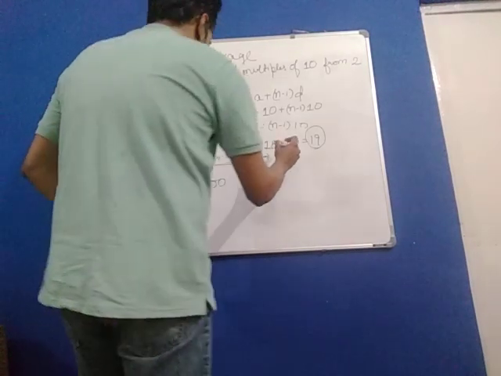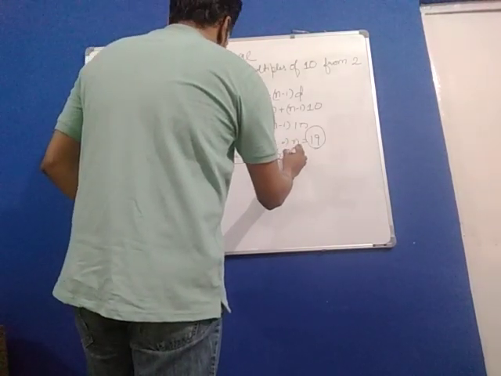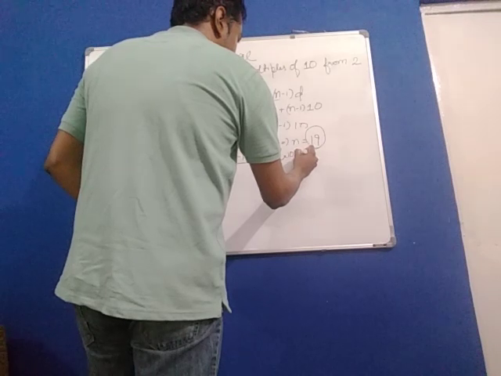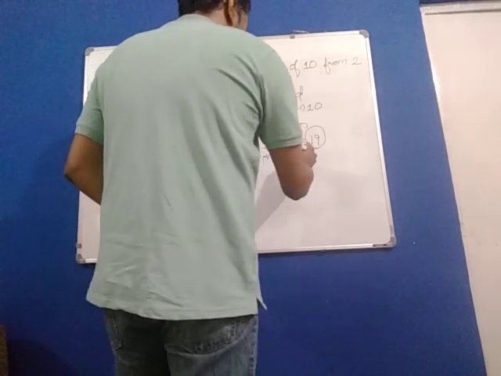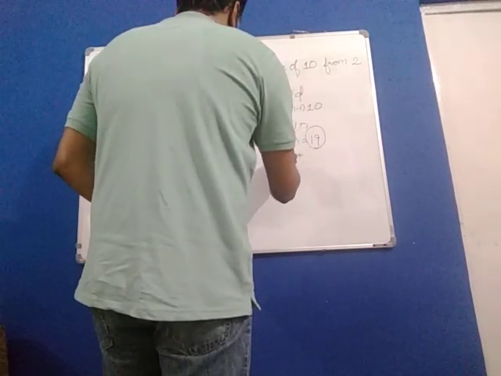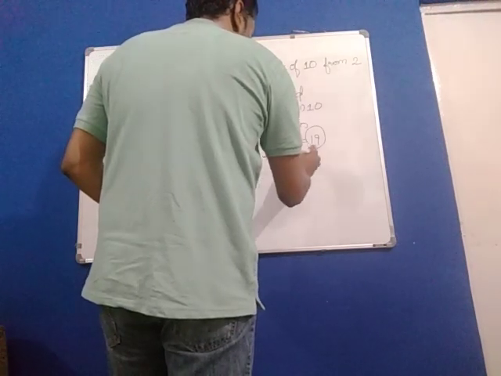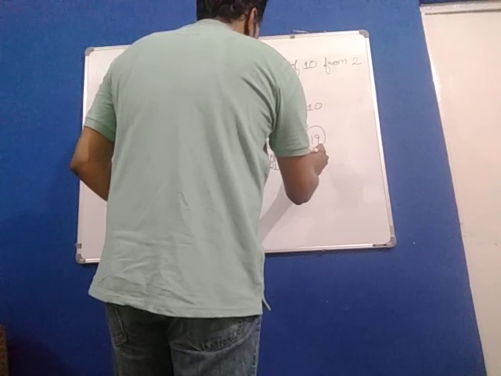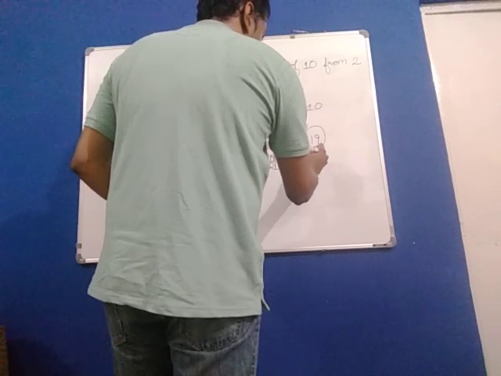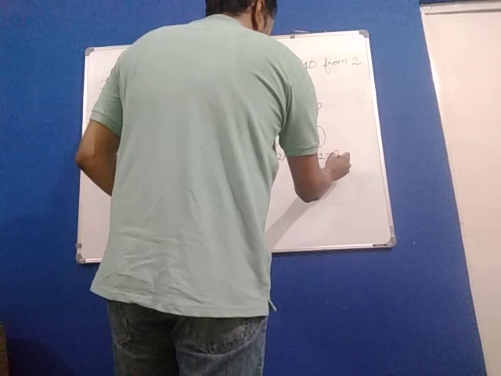So we will have n by 2 into 2a plus n minus 1 into d, that is 19 by 2 into 2 into 10 plus 18 into 10.